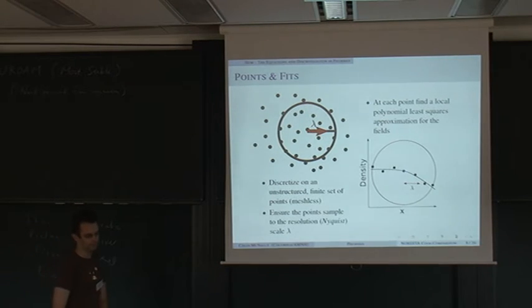How do we actually go about this? At each point that needs to evolve in time, we define this scale lambda. This is our resolution scale. And in a sphere around it of 2.3 times lambda, we need to ensure that there is a sufficient density of points that there are no significant gaps here, so I can say what's happening to the motion around this point.